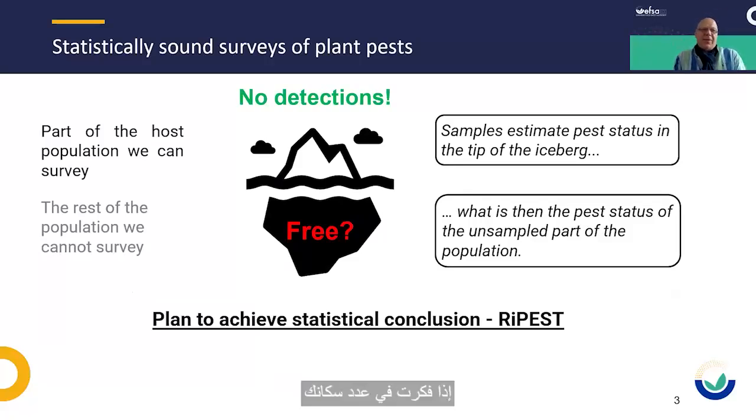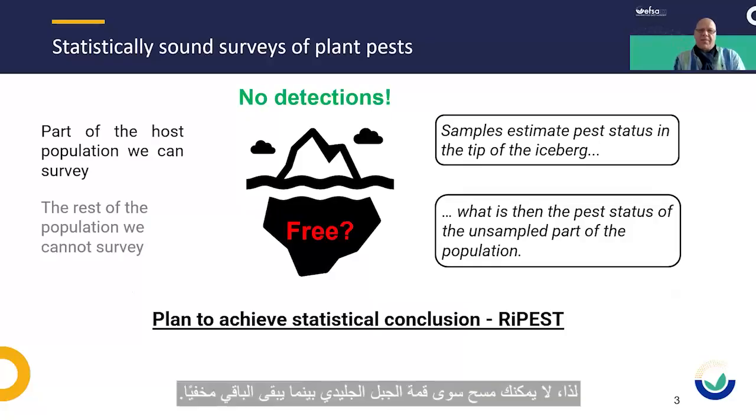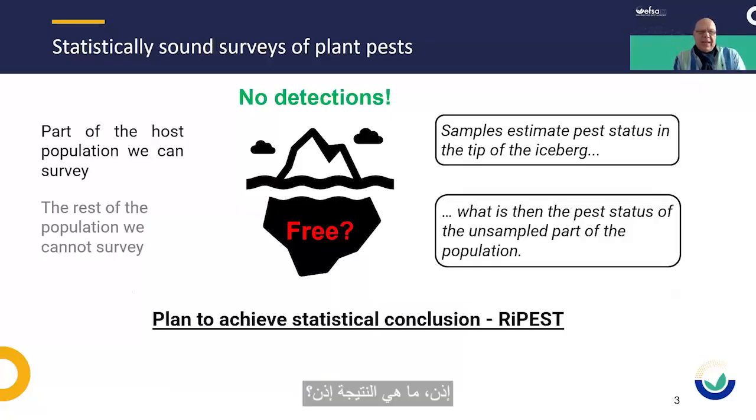So where does statistics come in here? The best is if you think about the population that you want to survey as an iceberg. You can only survey the tip of the iceberg while the rest is hidden. So what is the outcome if you do your inspection on the tip of the iceberg and you find a pest status that there is no pest present? What is it possible then to conclude about the rest of the population, about this unsampled part?